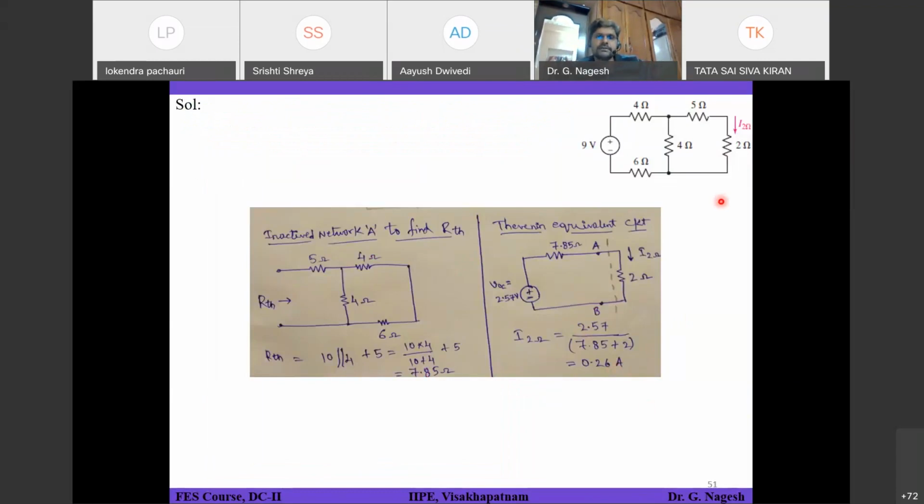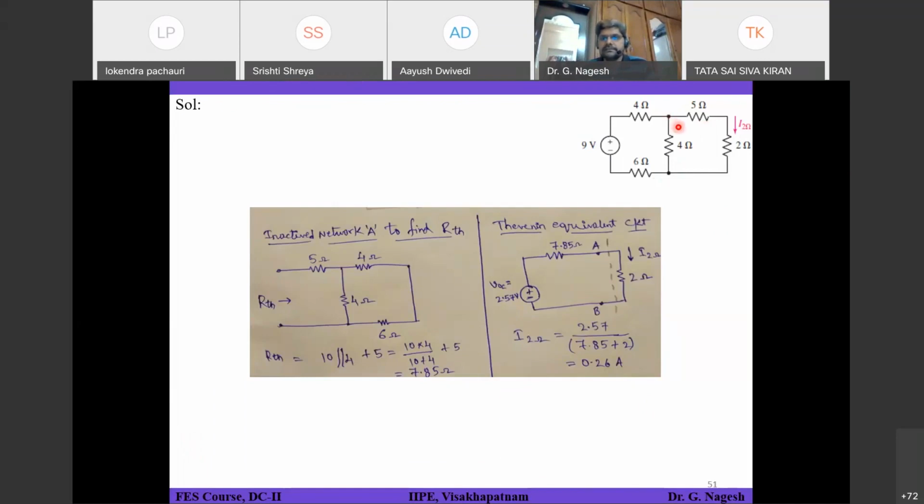In nodal analysis, you have one reference node at the bottom and one voltage V1 to be found. This is your reference node at the bottom and this is V1, and you apply nodal analysis to find it.